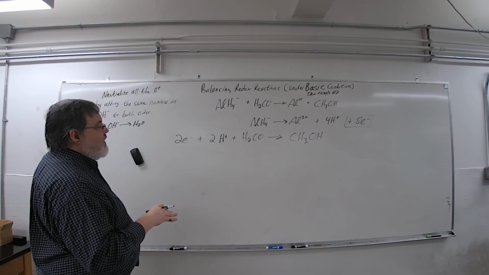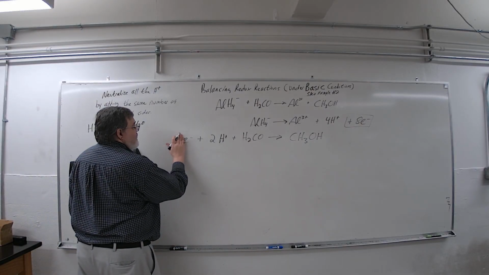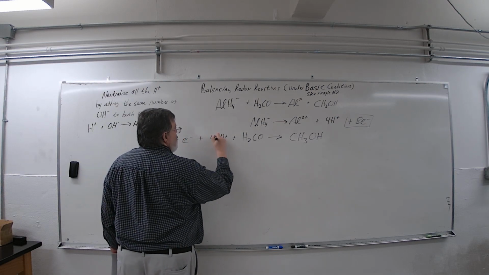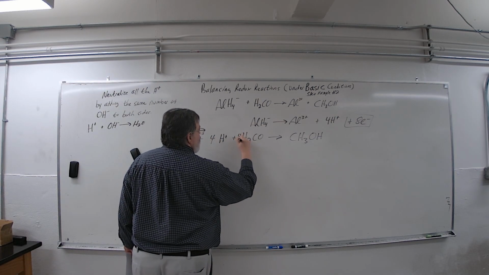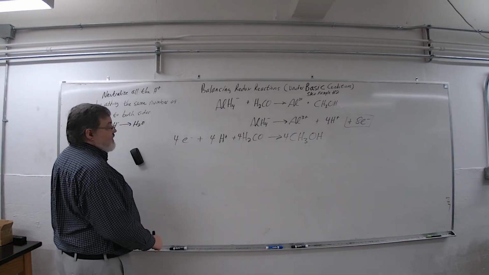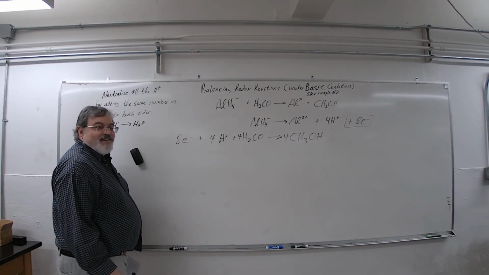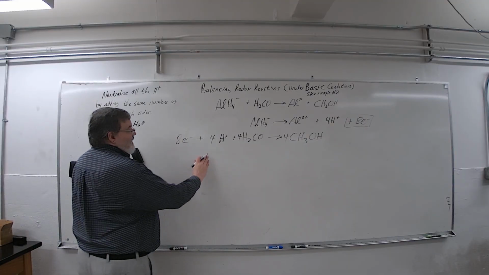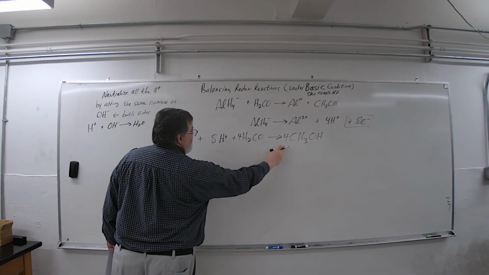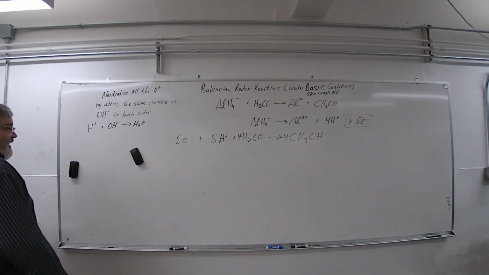Okay, now I multiply by 4. This times 4. This times 4. 4. Okay, did I do that right? That's 8. Now is it right? 8H plus. Is that right or 4? Yes. It sure feels like a Friday.